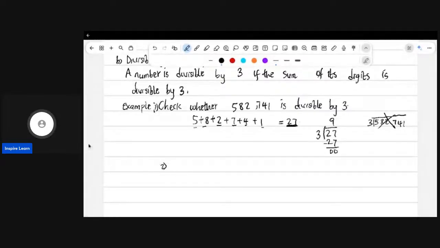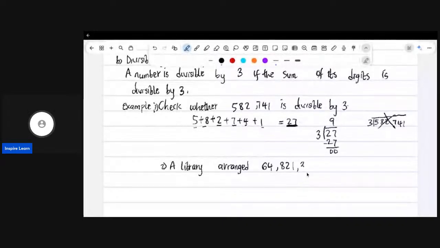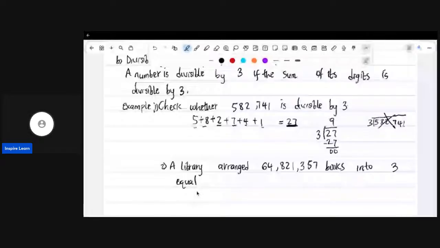Example 2 is still about the same thing: we have been told that a library arranged 64,821,357 books into 3 equal shelves.